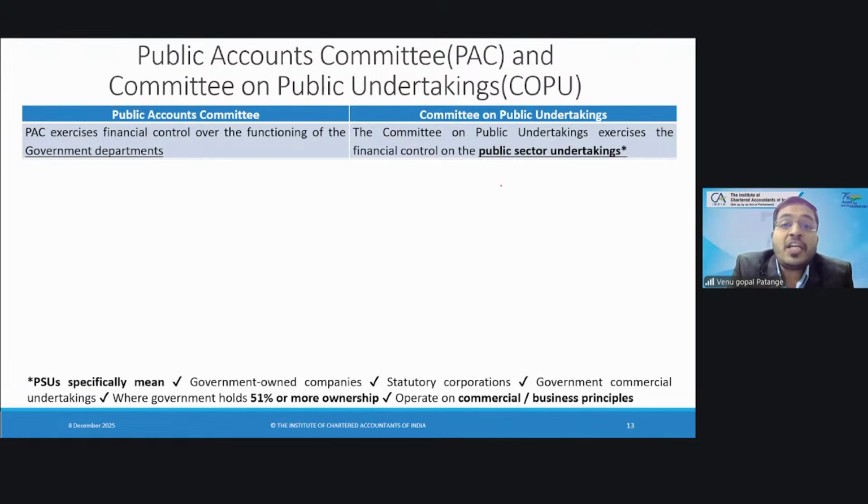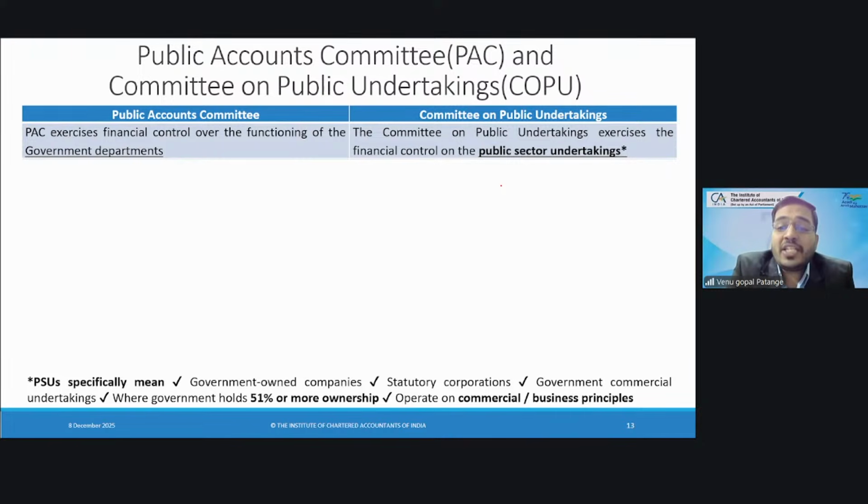Okay. Please make a note: public sector undertakings is the word used in ICAI material also. It means government-owned companies, statutory corporations, government commercial undertakings where the government holds 51% or more ownership, which run with a commercial or business purpose.